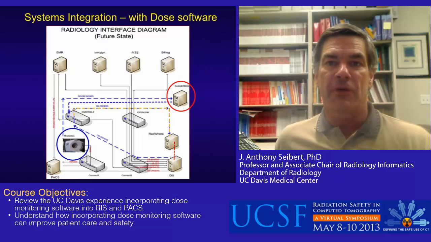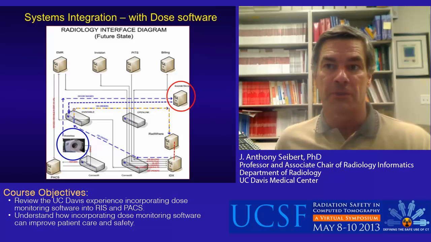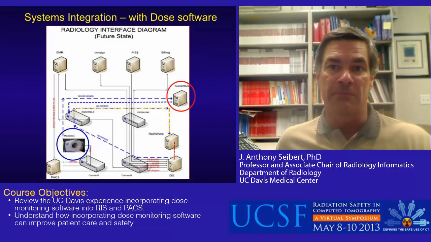An interface diagram shows the flow of data directly from each scanner, indicated by the blue circle, to the dose calculation engine software, the red circle, as designated by the long dashed blue line. The dose software extracts the data and returns a message back to the DICOM interface engine as designated by the short dashed blue line.